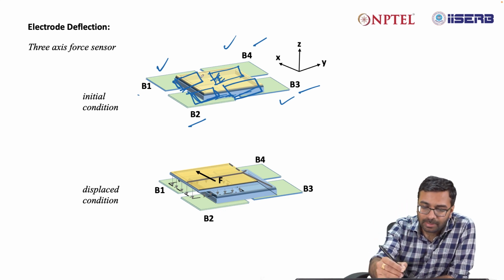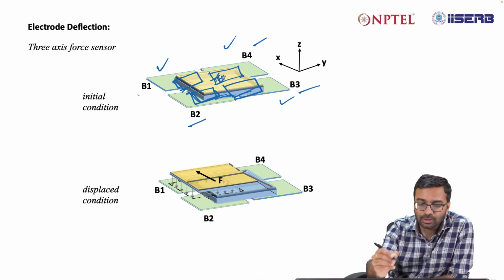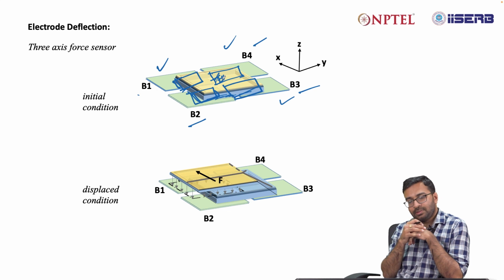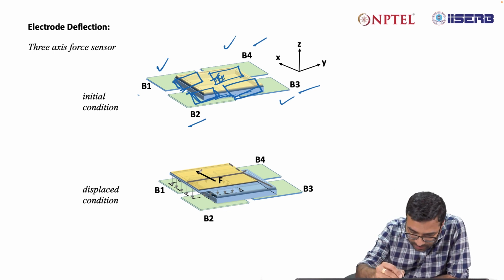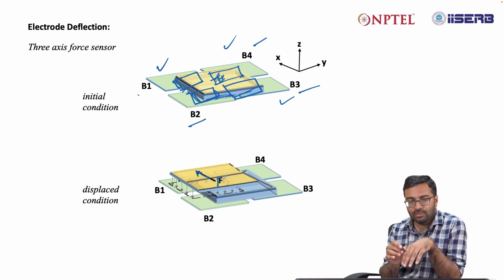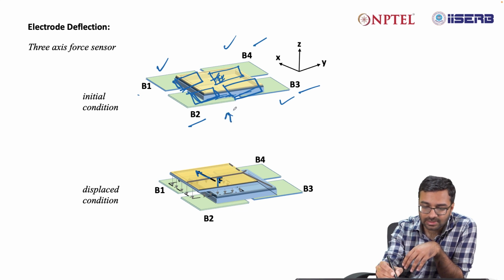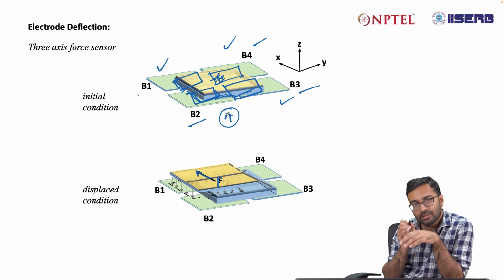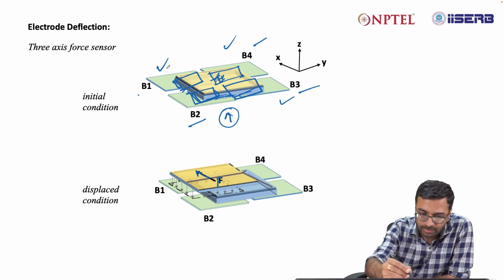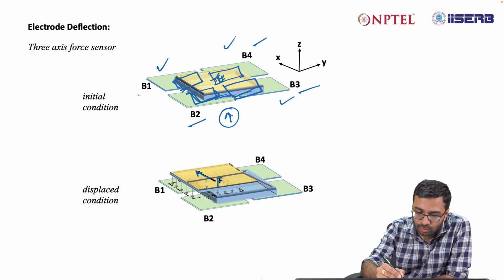Now you have made an arrangement where the top electrode is movable, so it moves once you apply force. In that case, if you apply a force in this direction as shown over here, you will find the overlapping zone that was there in the first case will change. If your force is towards B1, then the overlapping zone towards B1 will increase.